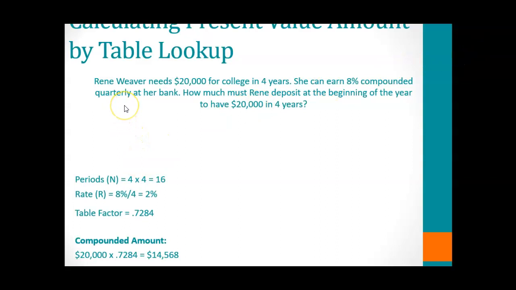Because it's compounded quarterly, that means 4 times a year times 4 years, there will be 16 interest payment periods. Take your annual rate 8%, divide that by 4, because it's compounded quarterly, that gives us a rate of 2% per period.